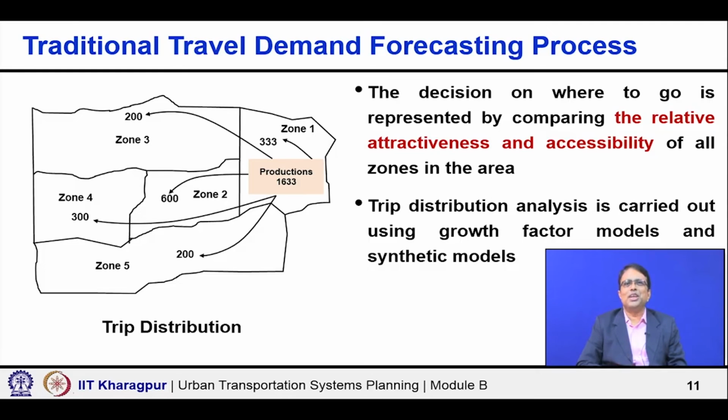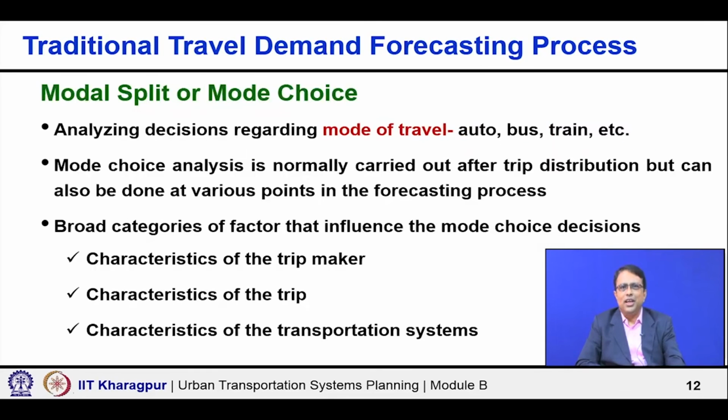The trip distribution models in detail we will discuss when we go to module D. A, B, C is trip generation, D is trip distribution. When we go to module D, we shall discuss in detail the growth factor based models and the synthetic models.